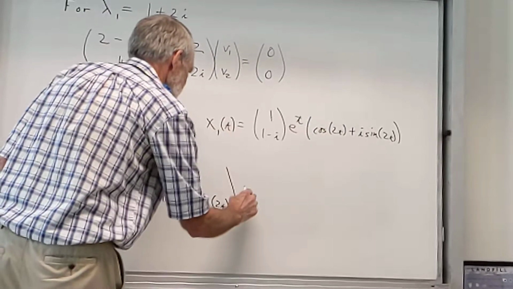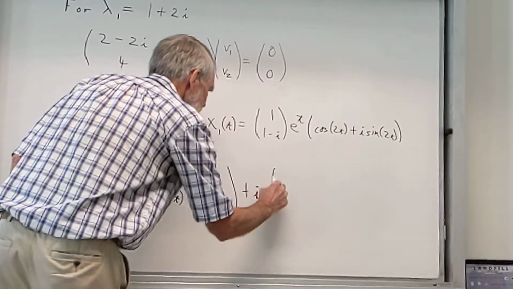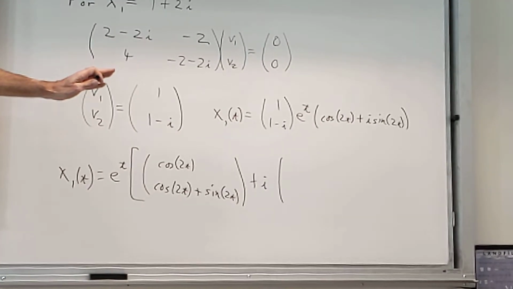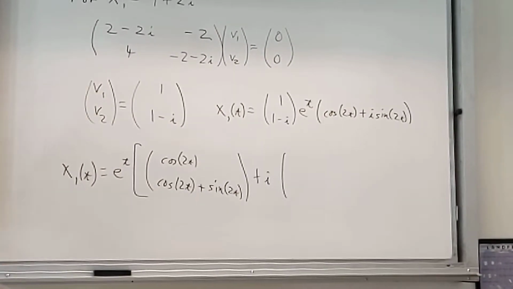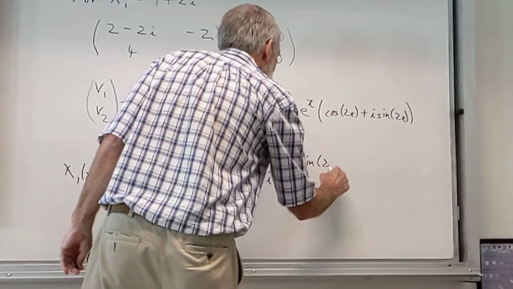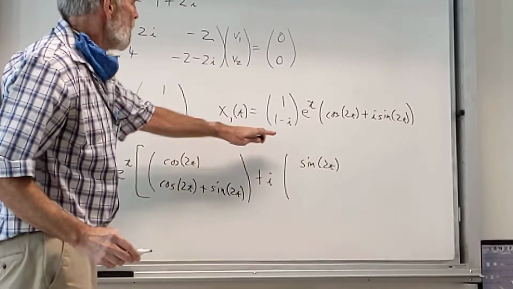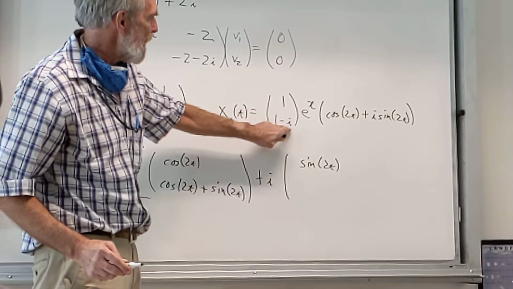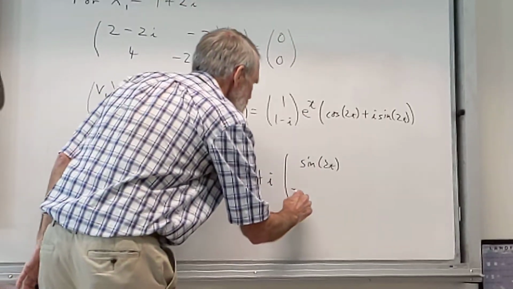All right. Then we're going to get plus i. From that 1, I just get the sine 2t, right?